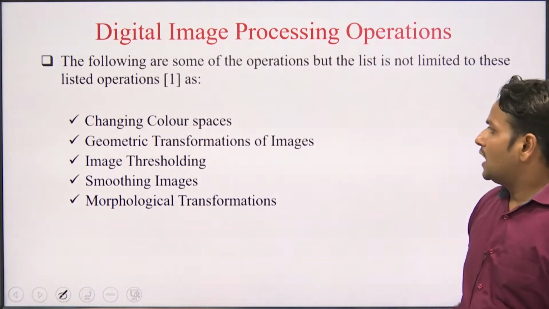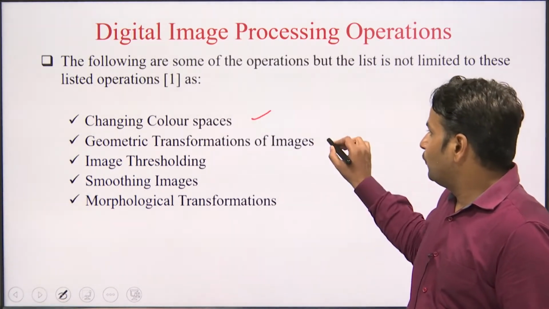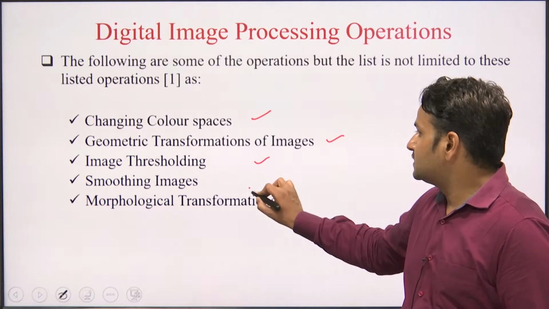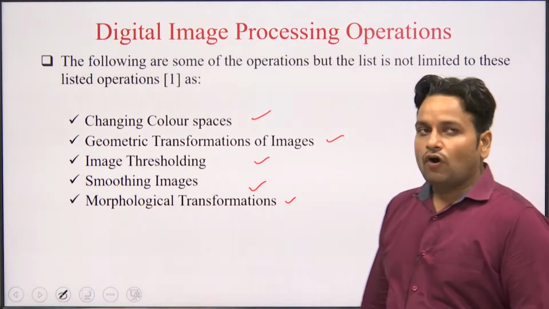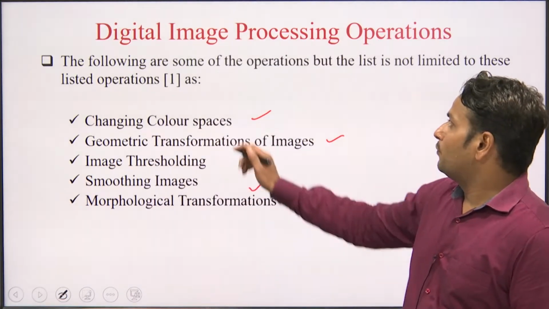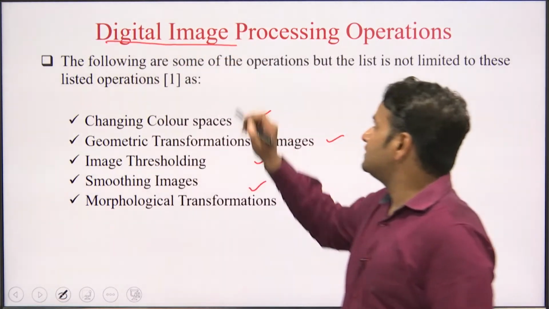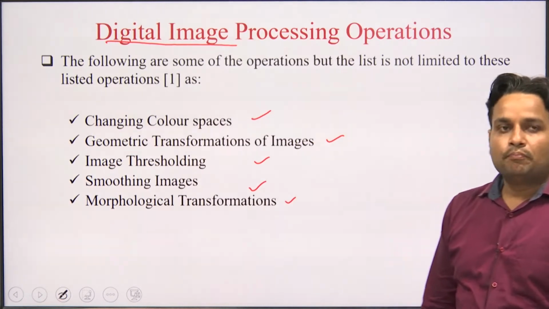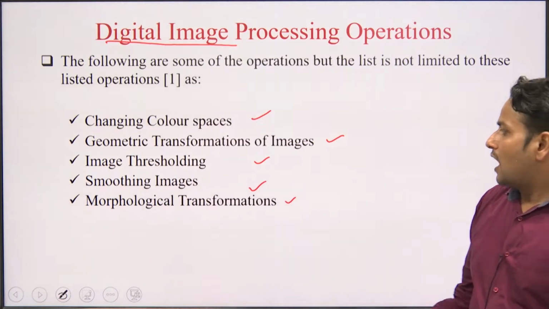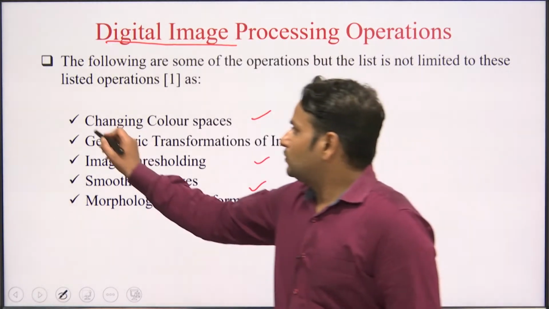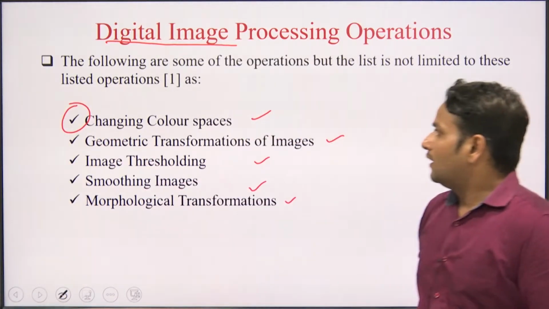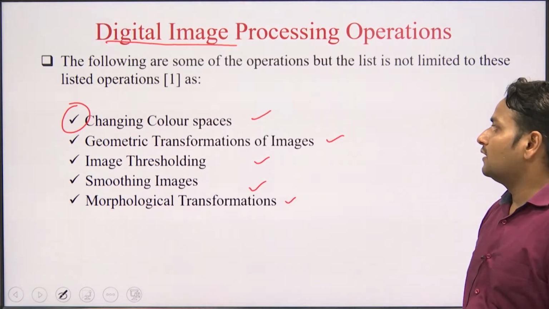So, here I am giving 4 to 5 operations related to digital image processing, and these operations can be performed on a digital image, by which we can get a better outcome. The first operation is changing color space.